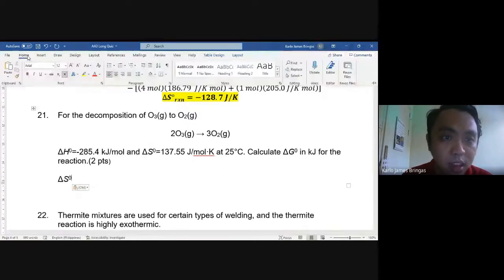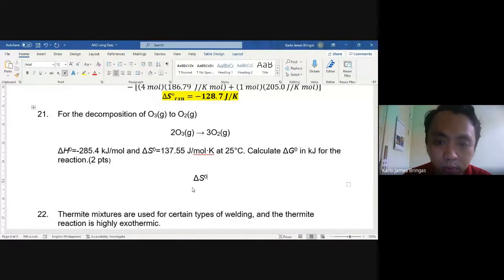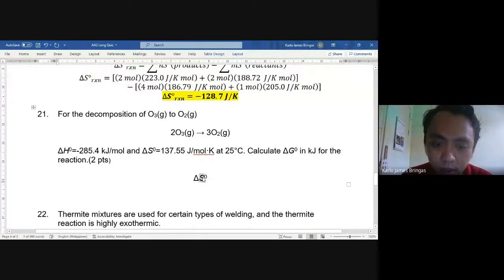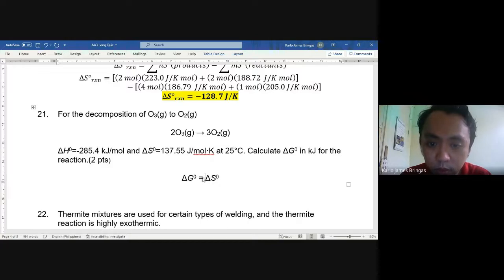So delta G at standard state is then equal to the delta H minus T delta S. Substituting the values, we then have the following.